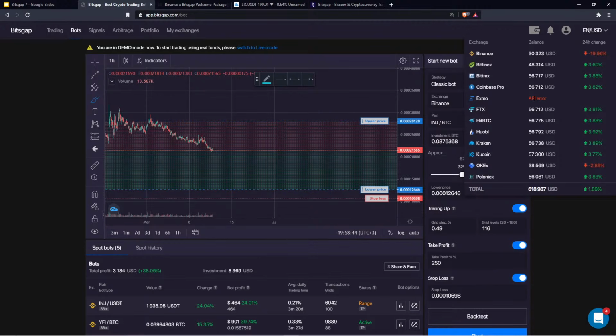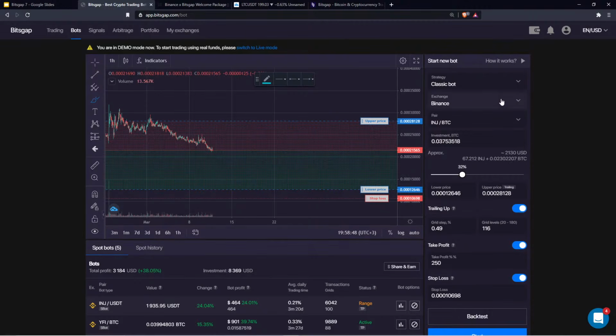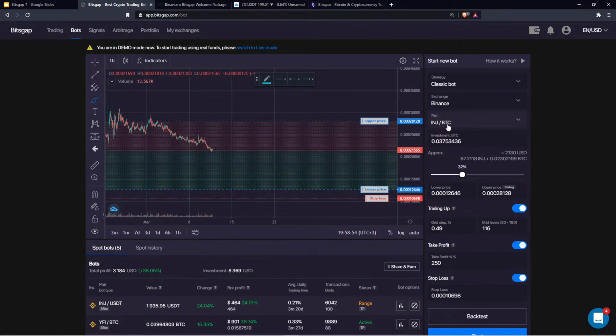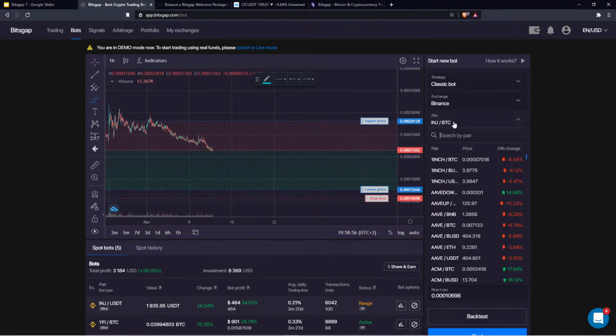Okay, that's basically the sandbox for you to find your best solution. So a trick for you guys is that you can simultaneously launch several configurations on one cryptocurrency pair just by switching with other cryptocurrency exchanges.